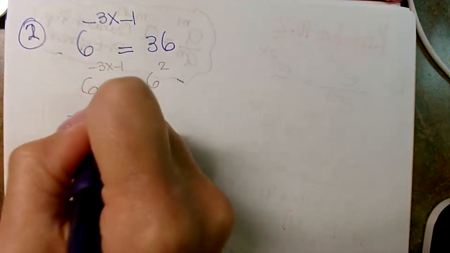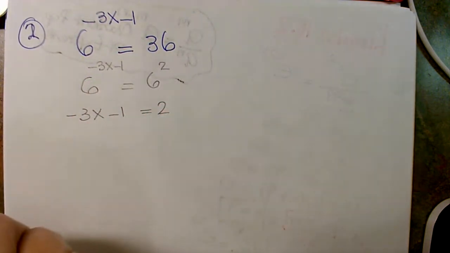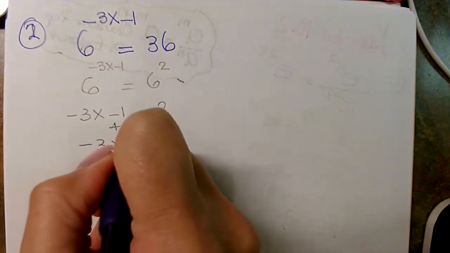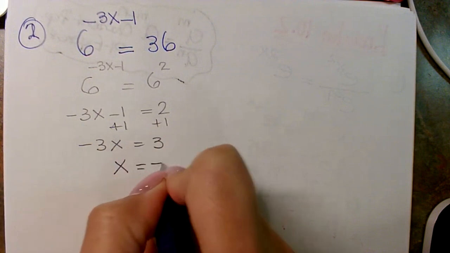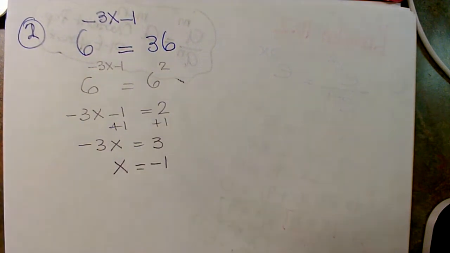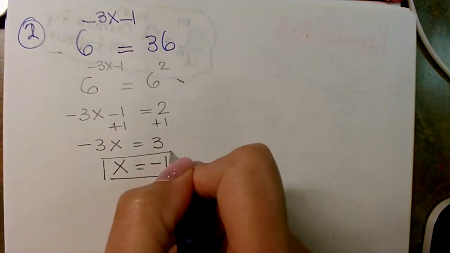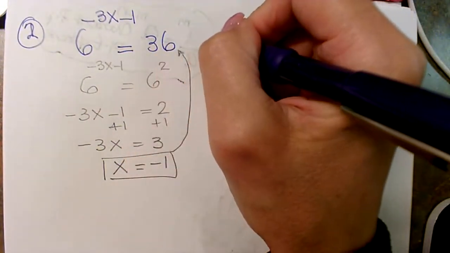So the negative 3x minus 1 is equal to 2. We're going to add 1. So x is equal to what? To negative 1. And we could go back and check this into the equation. And what do we get?